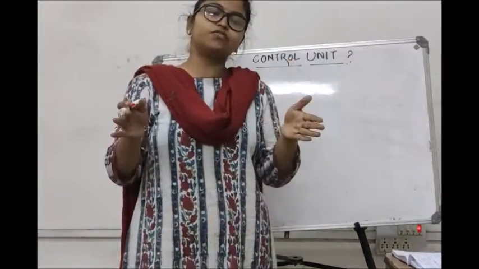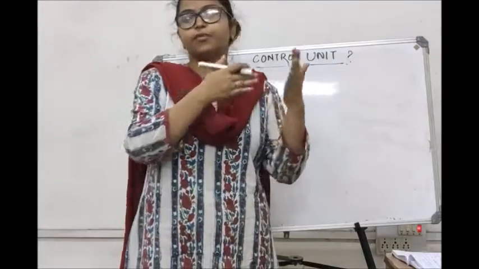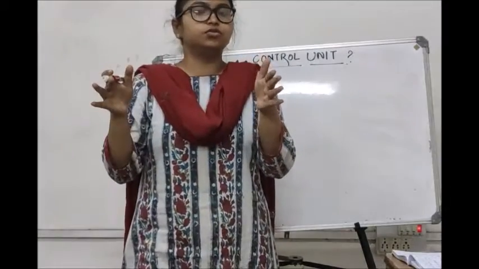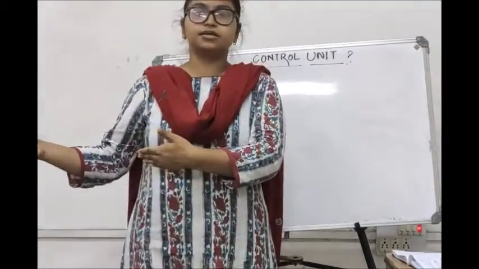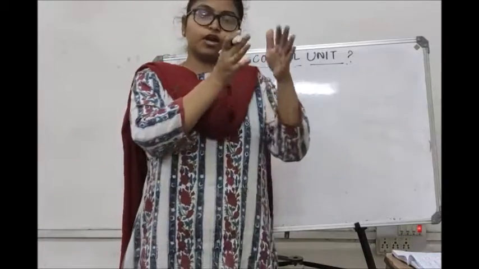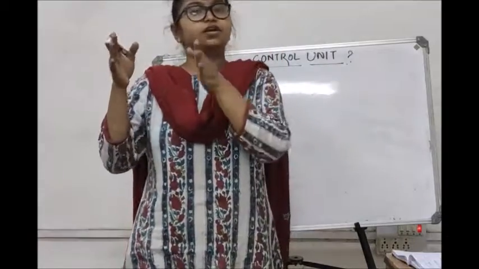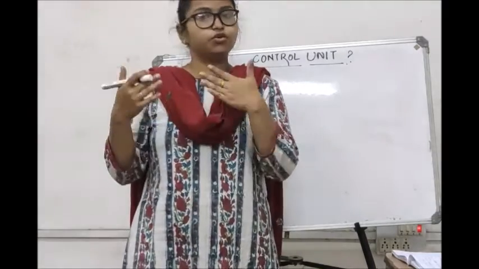It is part of the central processing unit. A computer system consists of memory, a central processing unit, and I/O devices. The central processing unit consists of a control unit, an arithmetic logical unit, and some memory registers. Do you remember?